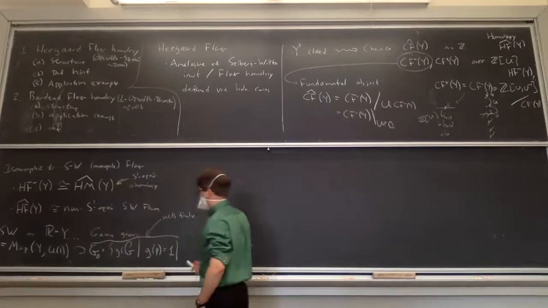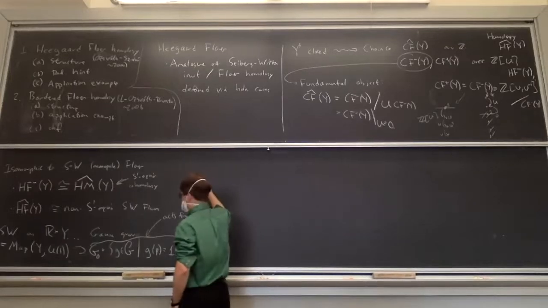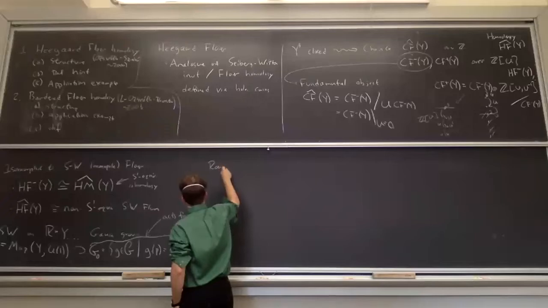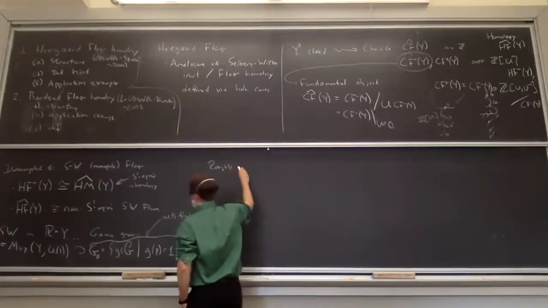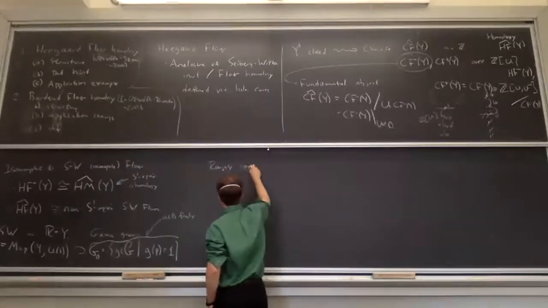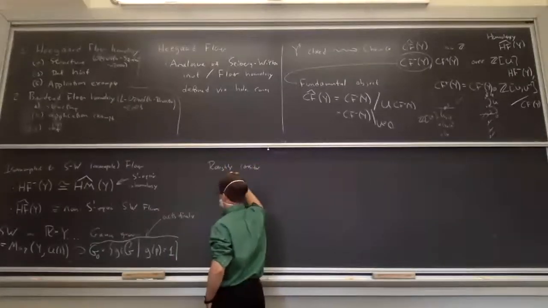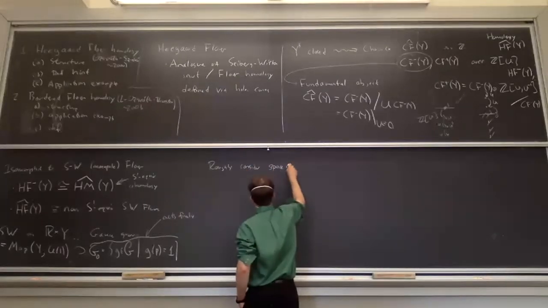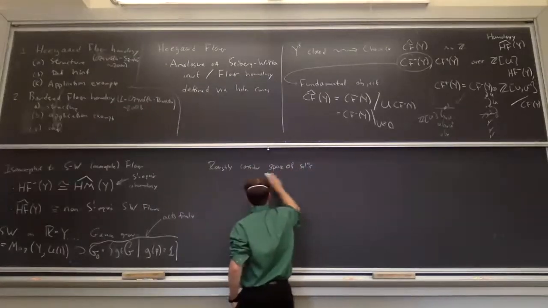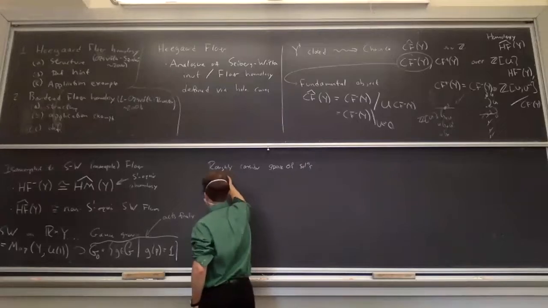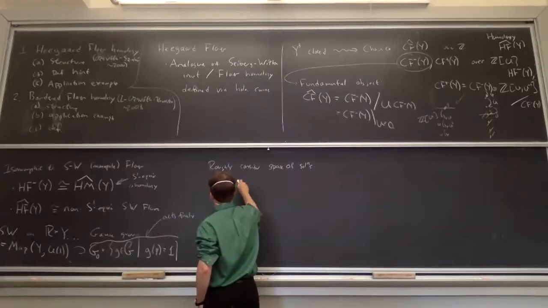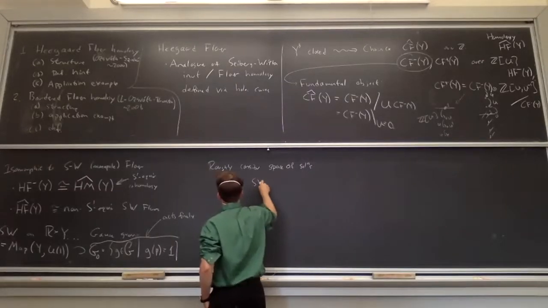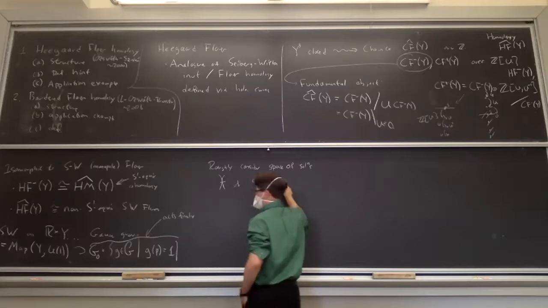And so what people do is they consider some space of solutions. My notation won't be standard, but like X of the Seiberg-Witten equation.